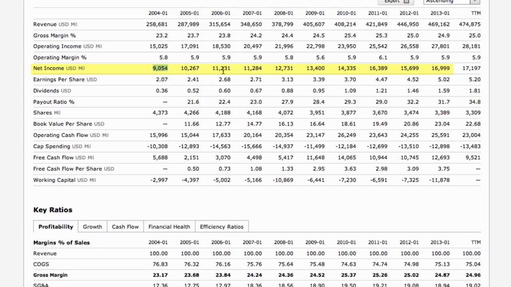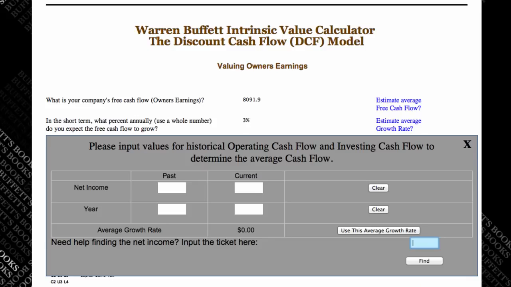And you can see how that's really showed a lot of stability in that number and how it's grown through the years. And now it's close to $17 billion in 2013. So let's just say on average it went from $9 billion up to $17 billion over a 10-year period. It went from 2004 to 2013. So let's go back to our estimator here. And you can see how it says what was the net income in the past.